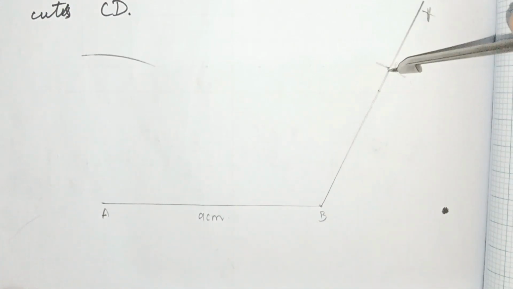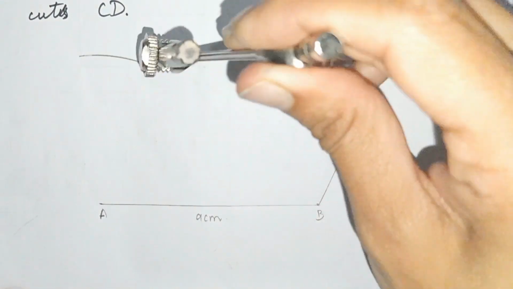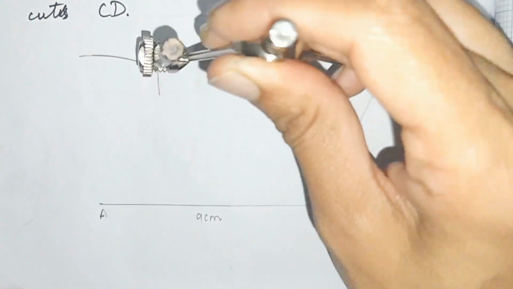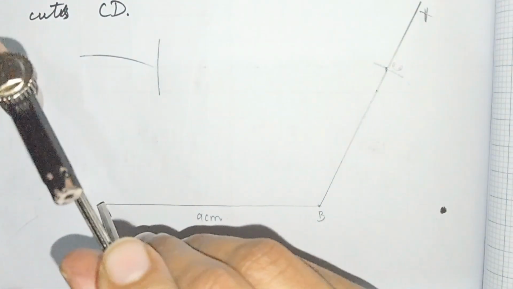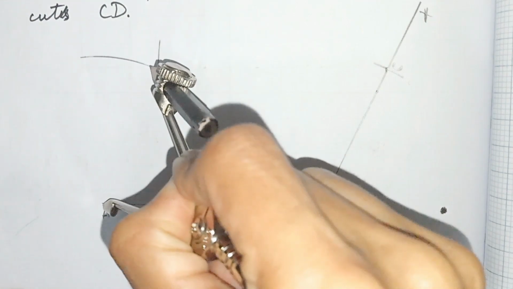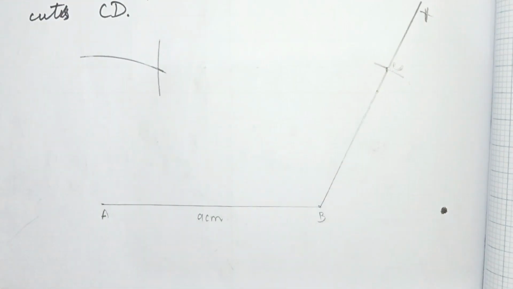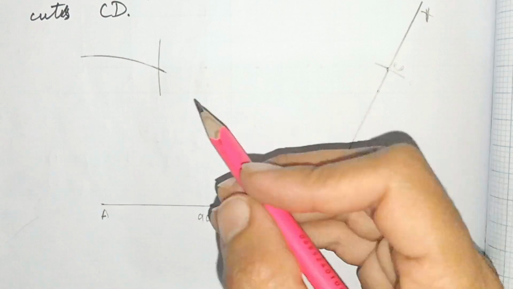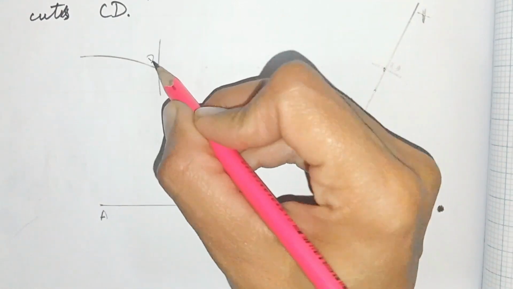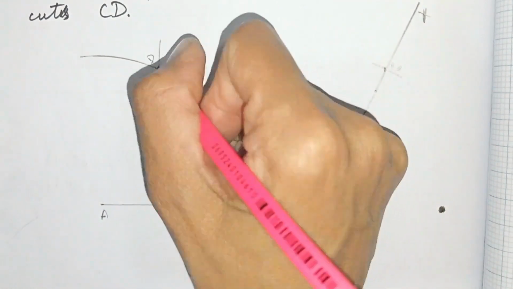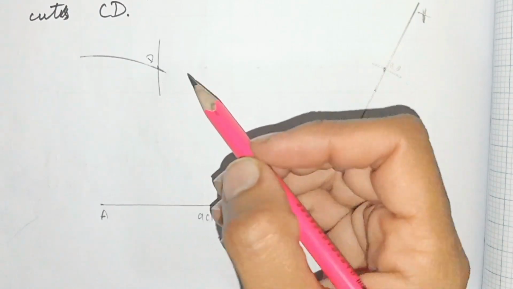Since this is 9 centimeter, put it at point C and mark. The point D is where the two arcs cut each other.